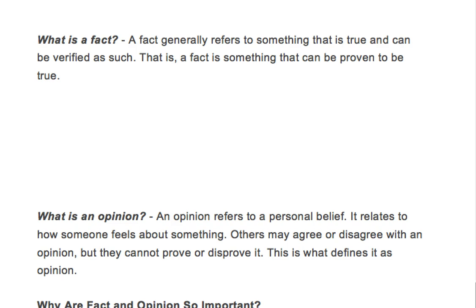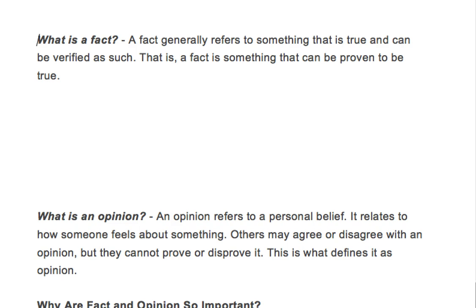So opinion is just the opposite. A fact is something that can be proven to be true, but an opinion refers to someone's belief, someone's assumption about something. So it is a personal belief. It is your opinion about something.